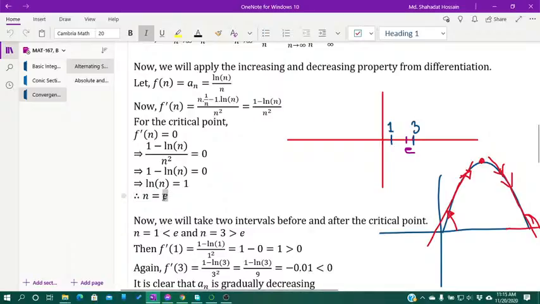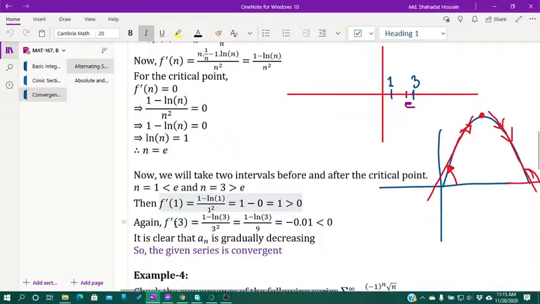That means now, since this is a single value, we have to consider two intervals before and after the critical point. So suppose before the critical point this is 1, and after the critical point this is 3. Now if I substitute 1 in f prime, I will get the result 1, which is greater than 0, and if I substitute 3 I will get less than 0.